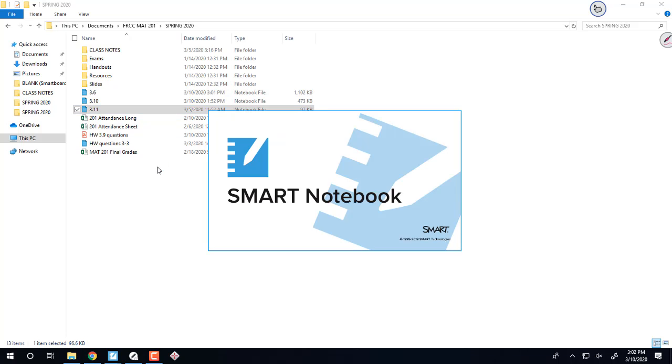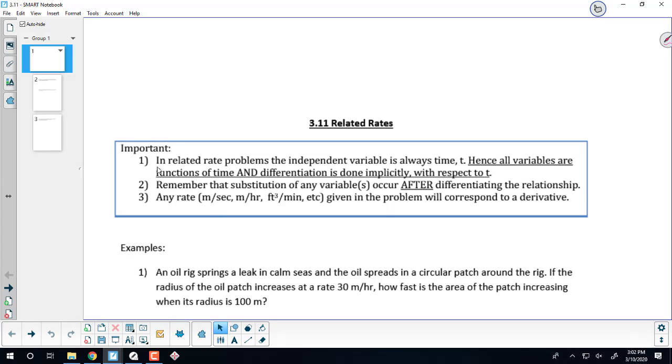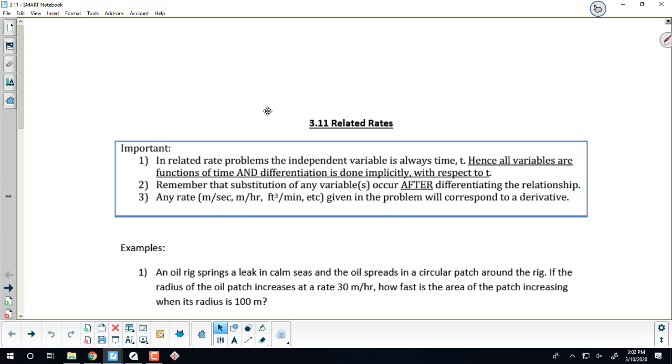Okay. So 3.11 deals with related rates. What we're doing is relating rates to one another in these sort of fixed patterns. If you've got a cube whose sides are length 1, we want to know how fast the volume of that cube is changing when the cube's sides are 5 inches long or 5 meters long.